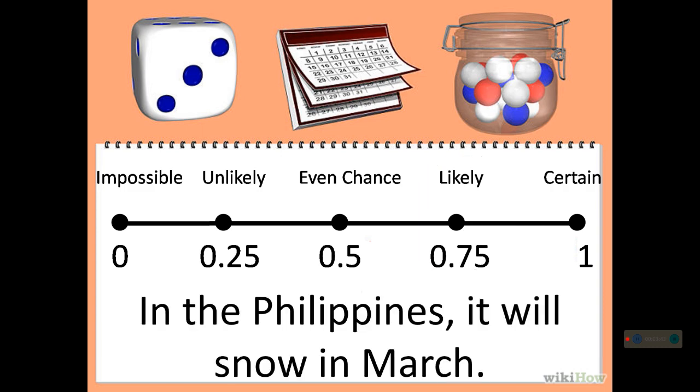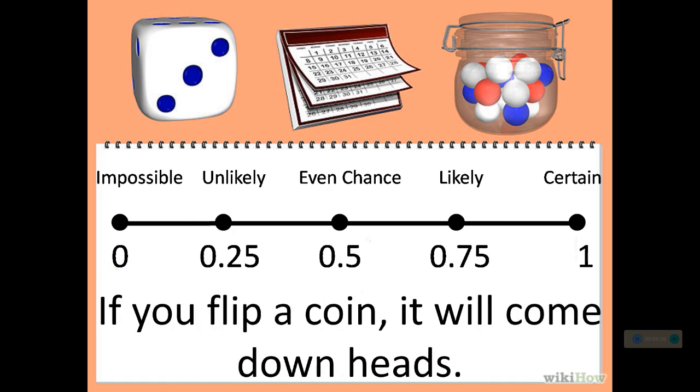Next statement. In the Philippines, it will snow in March. What is the probability of that? We have here 0, or impossible, so there is no snow in the Philippines. Next statement.